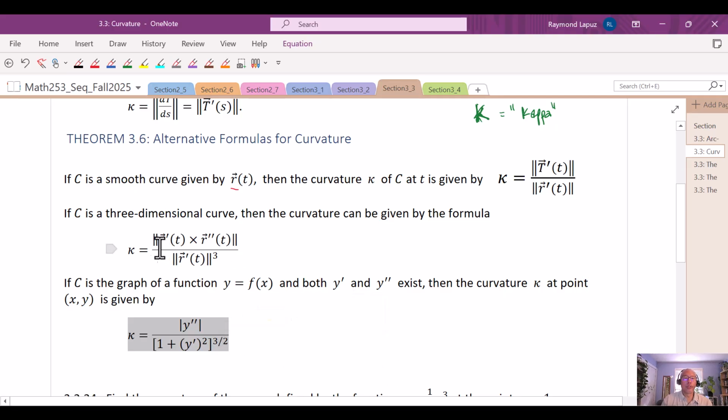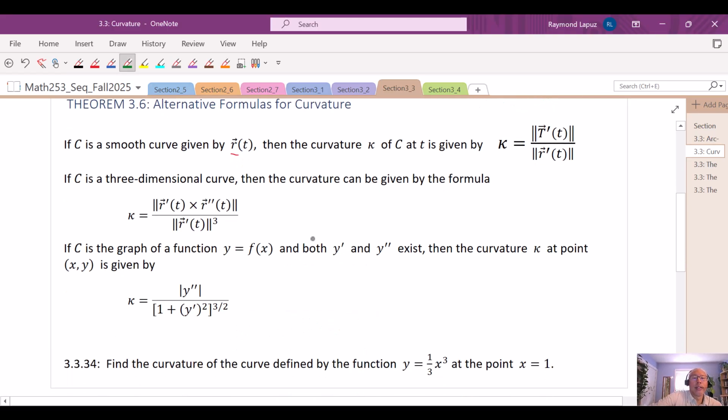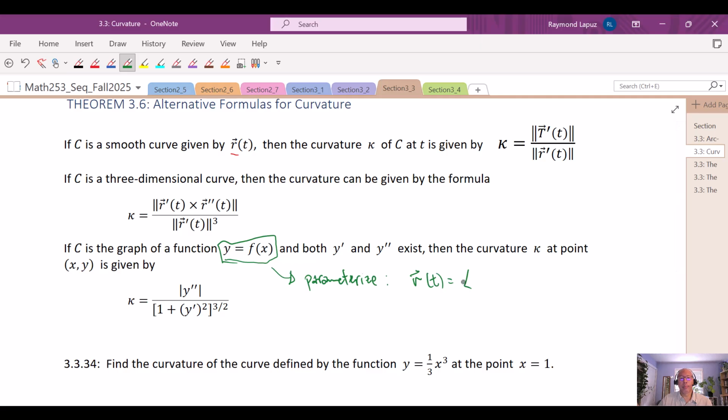Now to go from this previous formula with a cross product to this new formula over here, there's actually a bridge that we can take. We can parameterize this by saying r of t is equal to, now since x is your independent variable and y is dependent on x, we can just let x run as the parameter t, and then the y would be f of t.